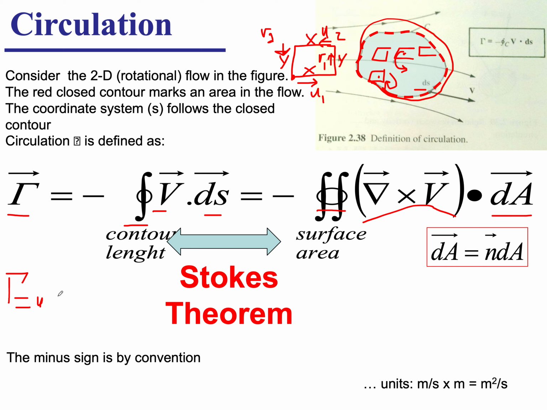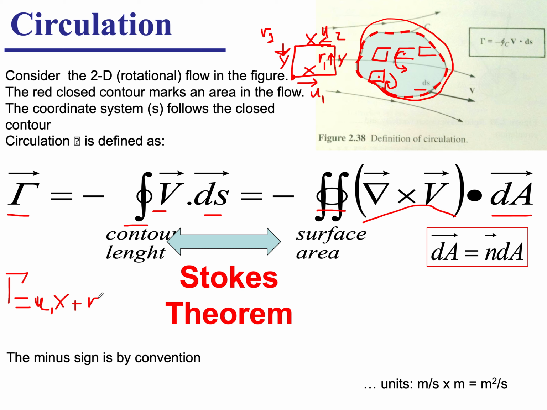The vertical velocity here, v1, is perpendicular to x, so it doesn't contribute any circulation. So I get u1x plus v1y. I'm following the arrows.